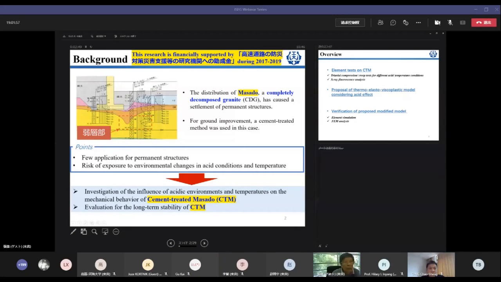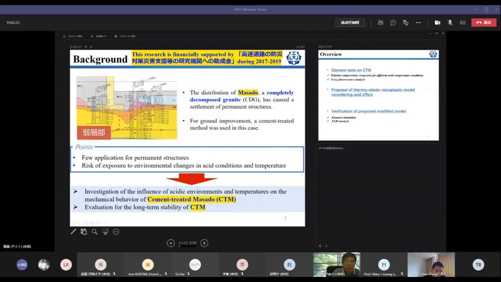The problems, after we surveyed completely and in detail, we found, I hope you can see the mouse, this is a direct foundation located on the soft ground, which is composed of decomposed granite. The yellow one is a fresh one, this a little bit deeper yellow one is a decomposed granite, and the pink is a completely decomposed granite.